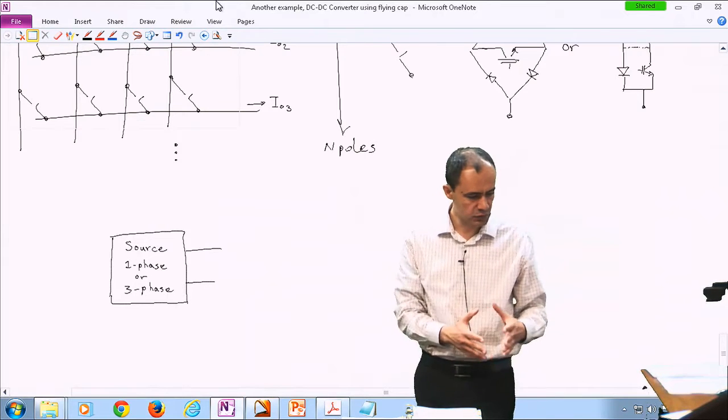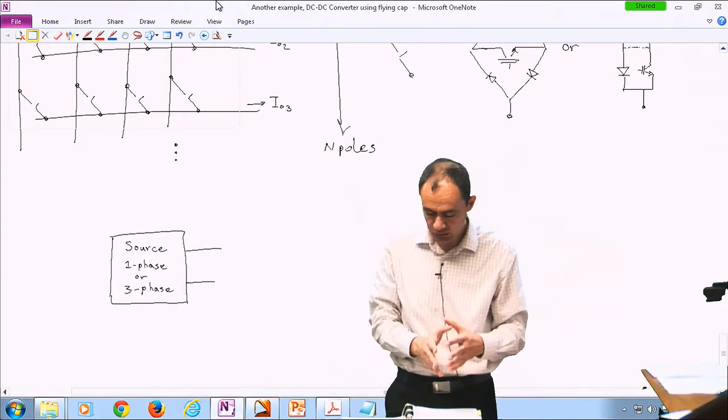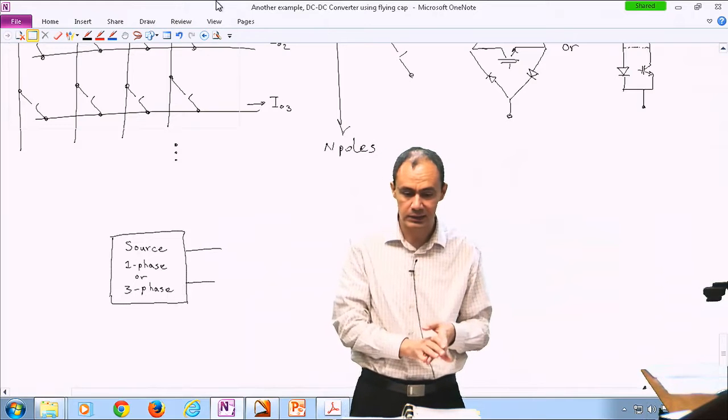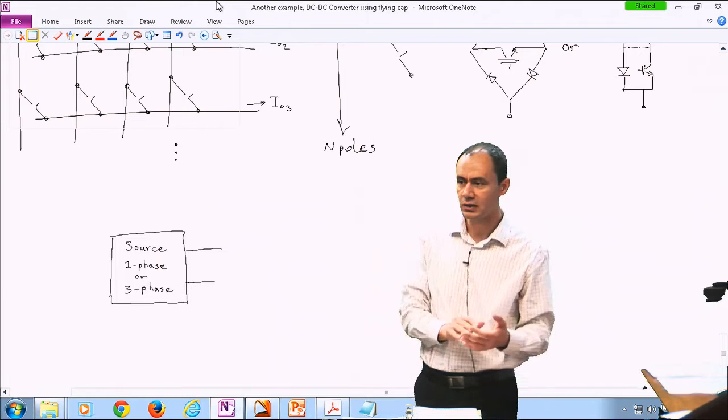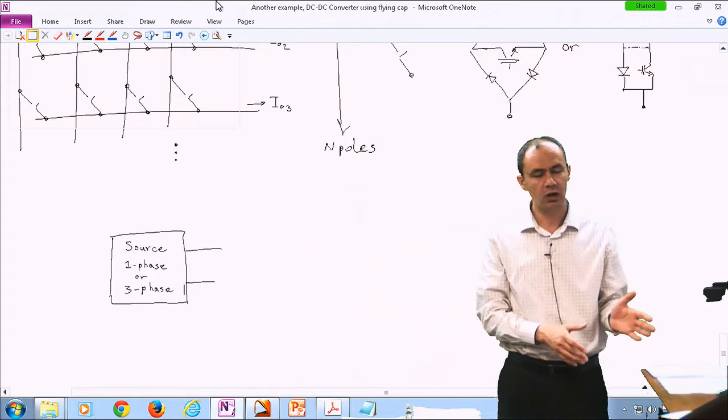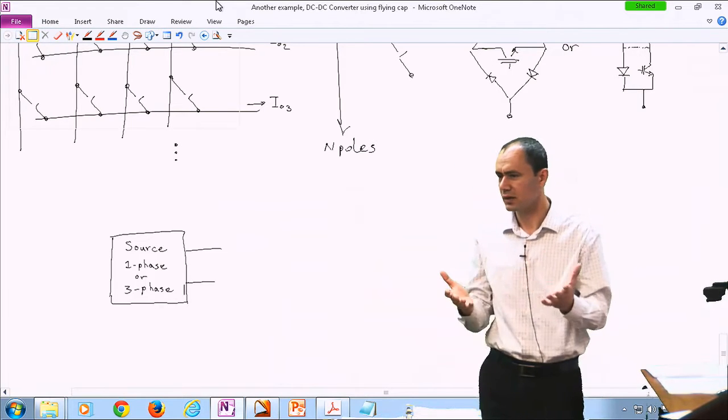If you go back to the discussion about controlling the speed of an electric motor, one way is to control the frequency of the AC signal that is applied to the electric motor. Now, unfortunately, our source is fixed frequency, so we can't really change the frequency.